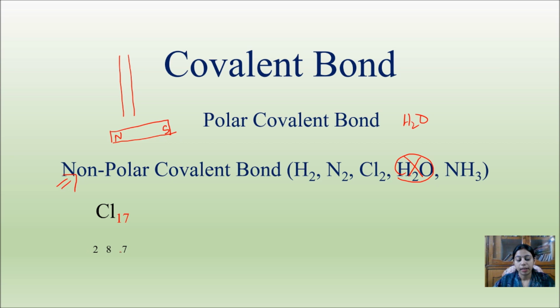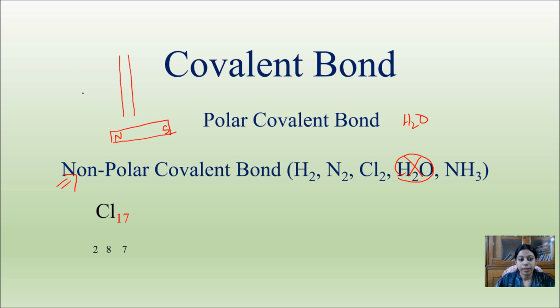Why does any compound undergo bonding? As per Lewis, any compound undergoes bonding to complete its octet or duplet, or we can say when its outermost shell should be saturated.